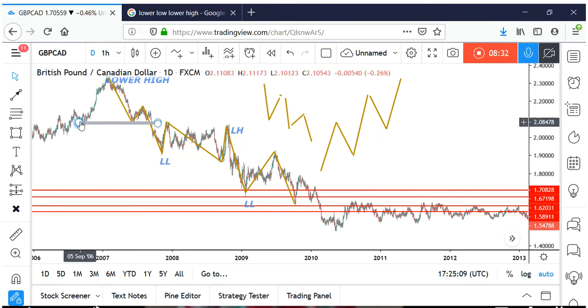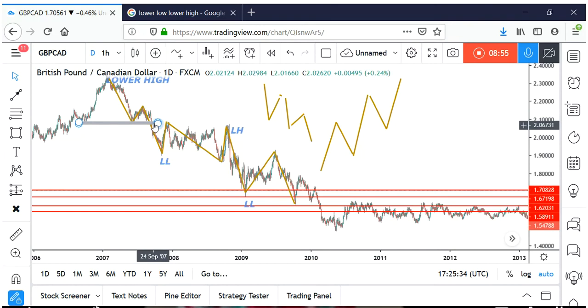Okay, so you need to be careful. You need to spot your previous low or previous high in an uptrend when looking for an uptrend. But when looking for a downtrend, spot your previous low first. The candles need to take out the previous low for you to say you are in a new trend.